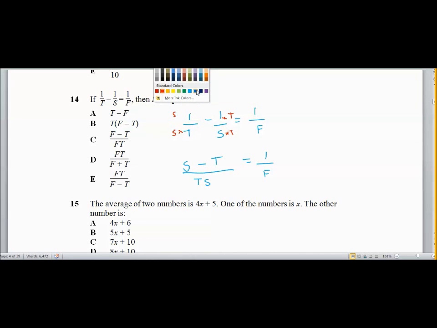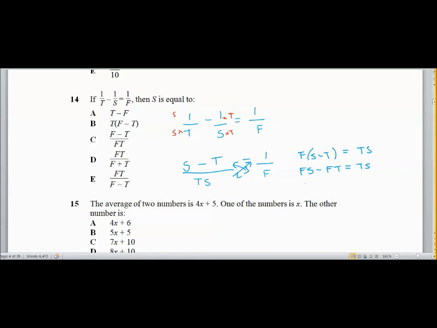And where can we go from here? Well, let's cross multiply. So we've got F outside of S minus T is equal to TS. Whenever you have this and you're trying to solve for one variable, probably best to expand out and then collect like terms. So we've got Fs minus Ft is equal to Ts.